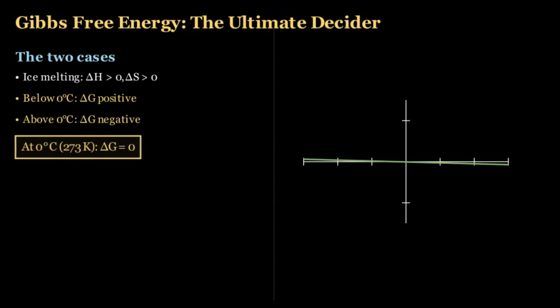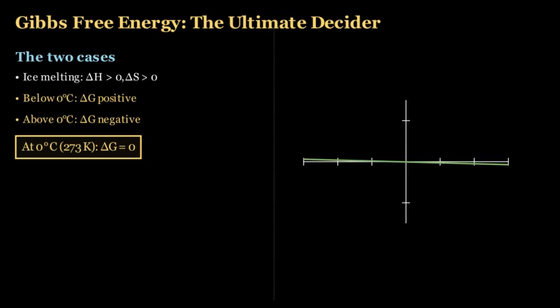The positive delta H wins, making delta G positive. Ice stays frozen. Above 0 Celsius, the temperature is high enough that T delta S becomes larger than delta H. Now delta G is negative, and the ice melts spontaneously. The exact tipping point is 0 degrees, where delta G equals 0.